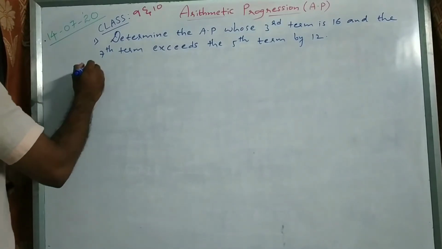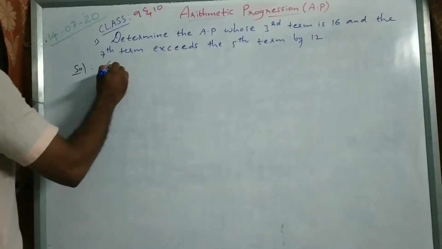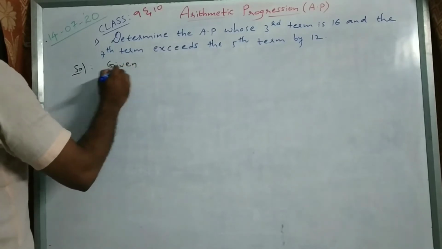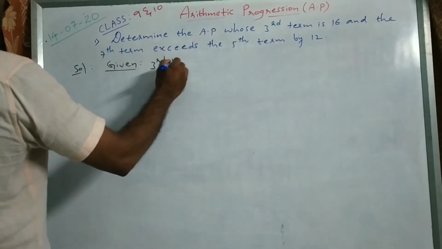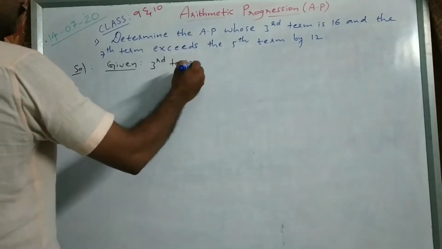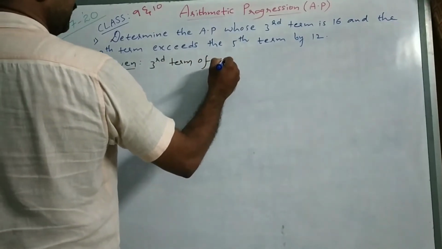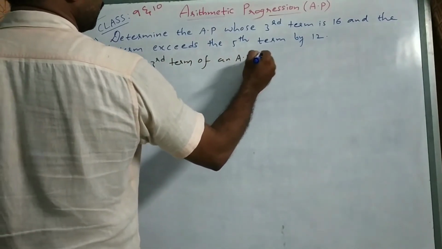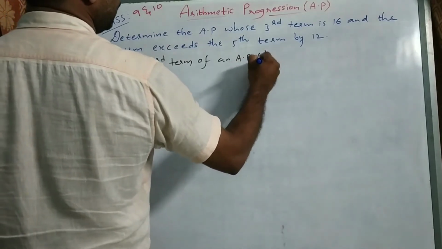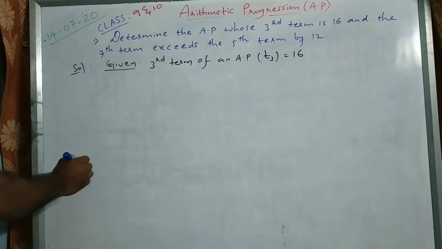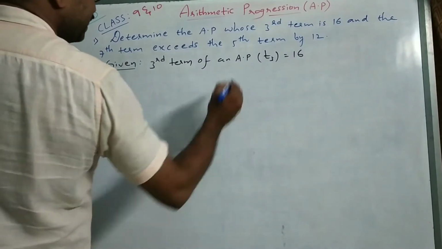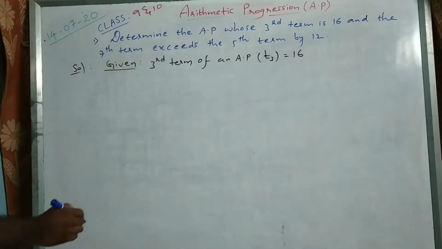What is given here? Third term of an AP, T3 equal to 16, and the seventh term exceeds the fifth term by 12.